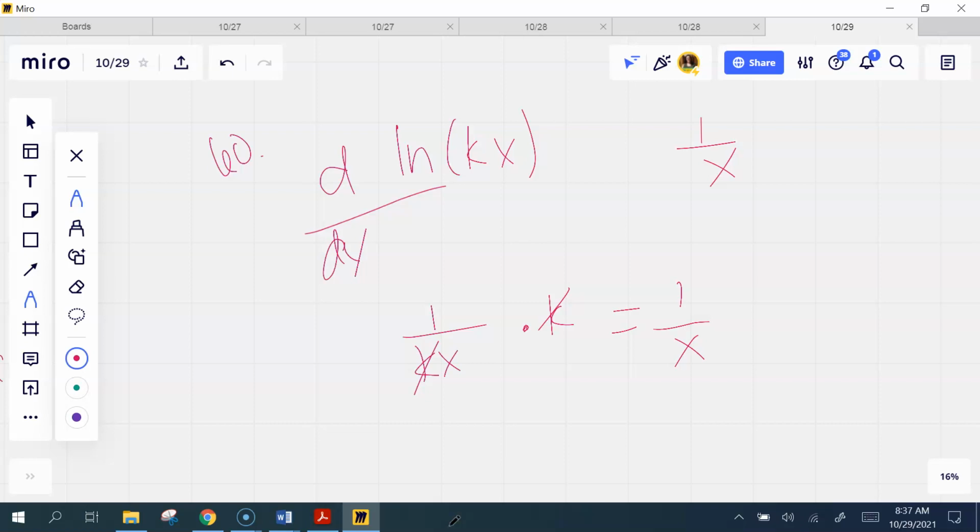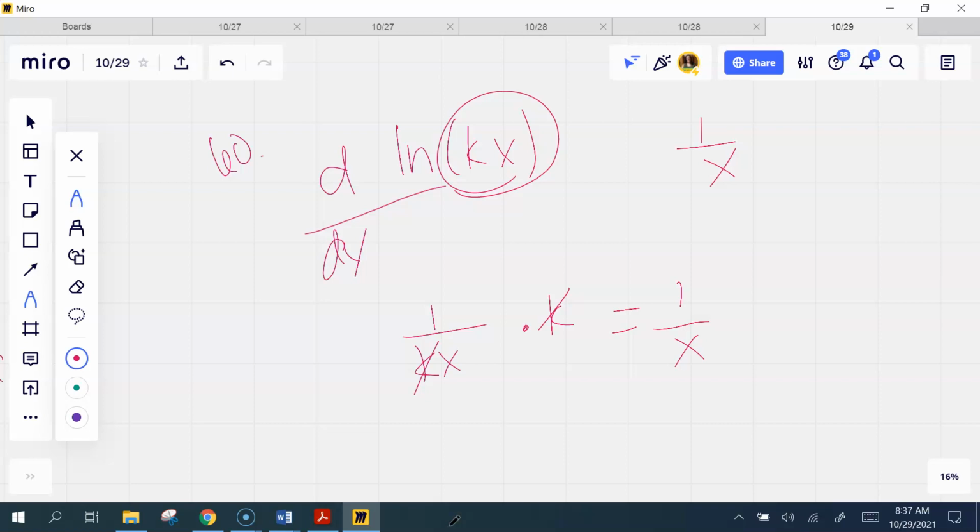If you take the derivative of log of kx, and k is just a constant, the derivative of a log is 1 over whatever this is. Remember, it's 1 over blah times the derivative of blah. So 1 over kx times the derivative, which is just k, so it's gone. That proves it using the chain rule.